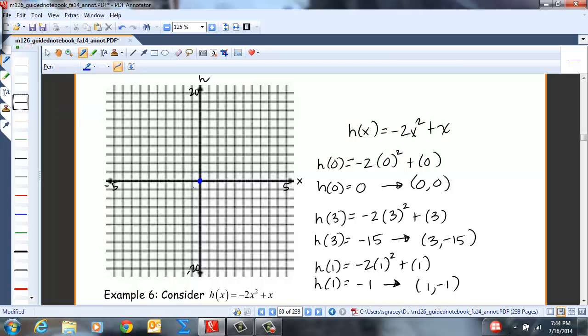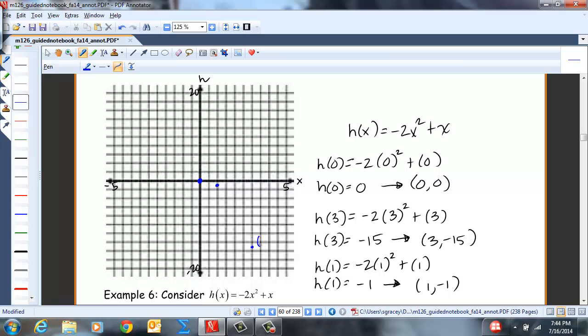If I plot 1 will be here, negative 1 will be here, and then I'll plot 3: 1, 2, 3, and then 2, 4, 6, 8, 10, 12, 14, negative 15.